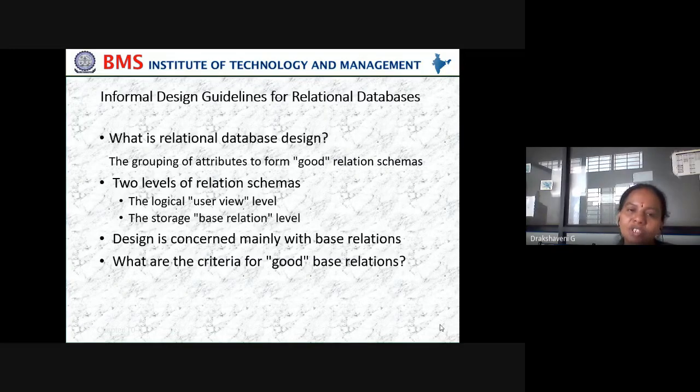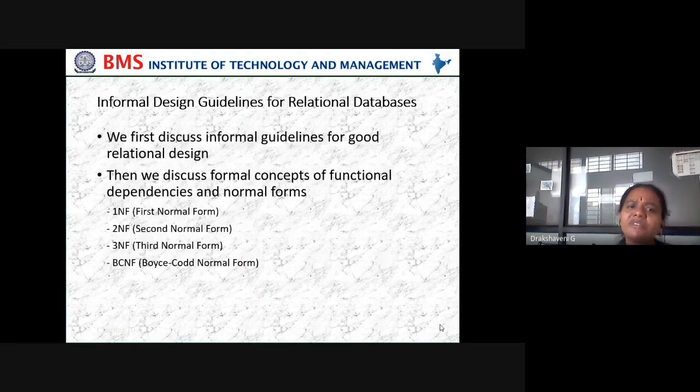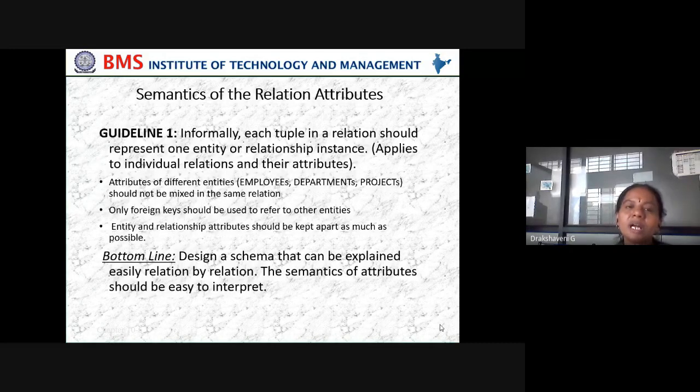Two levels of relational schema: the user view level and a storage based relational level. We discussed the concepts of first normal form, second normal form, and third normal form. We have done the third normal form today, and in the next class we will see the Boyce-Codd normal form. We have also started with the semantics of genre attributes.